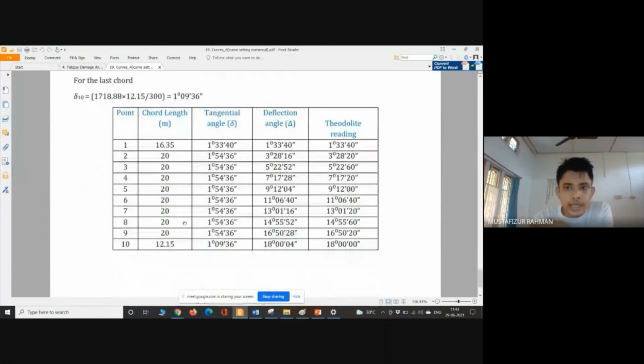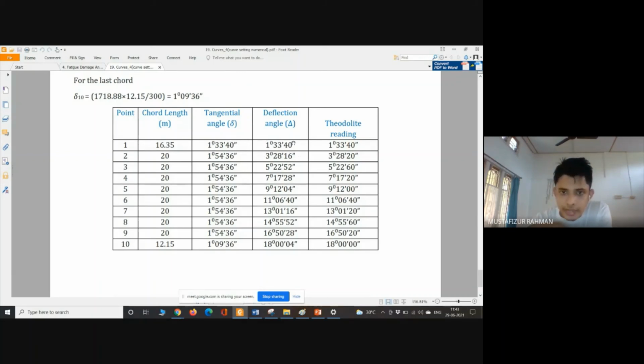So what we are doing, again making this table, 0.1, 0.2, like this. We have first chord length is this one, then we have these intermediate chord lengths of 20 meter, and the last one is different. These are tangential angles, then deflection angle. So what we will do here, we will add up. First deflection angle is same as this tangential angle. The second deflection angle is what?